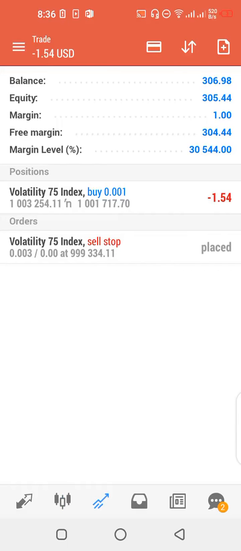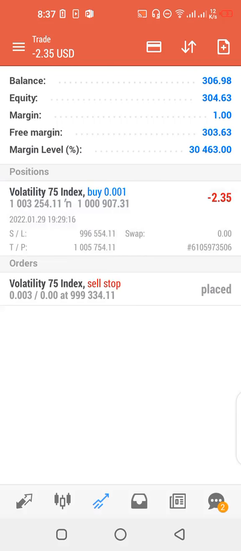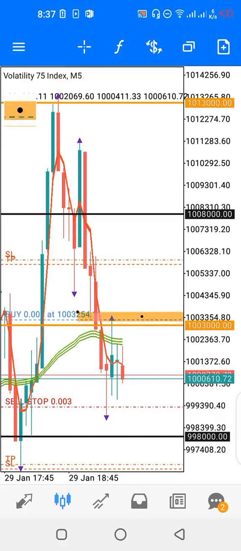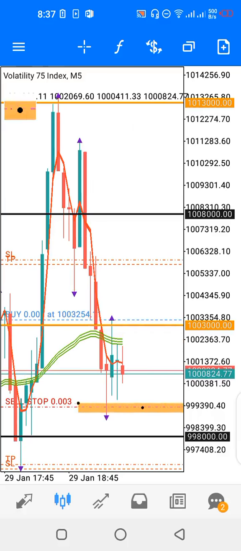My starting balance was 304.30, and now I've closed the sell trade, the triggered sell limit, which became a sell entry order. I've closed it in profit of 68 cents, and I'm expecting my running buy trade to close either in profit or trigger the sell stop.